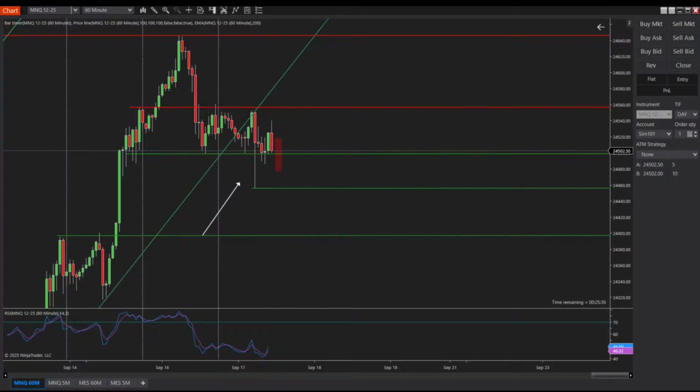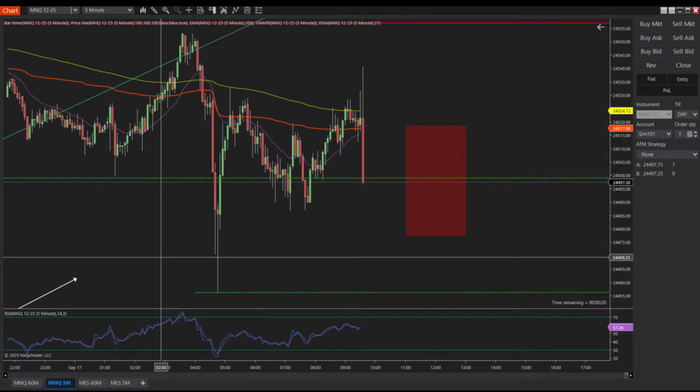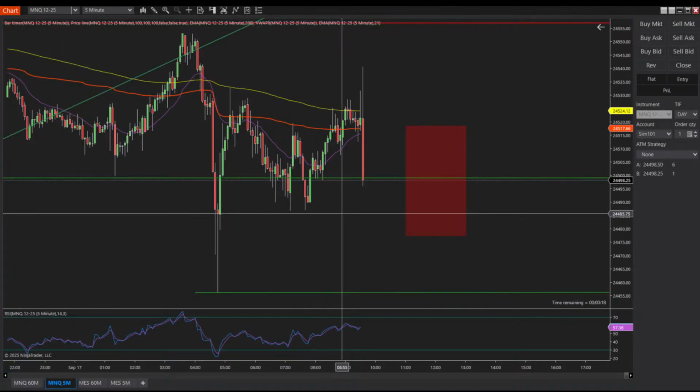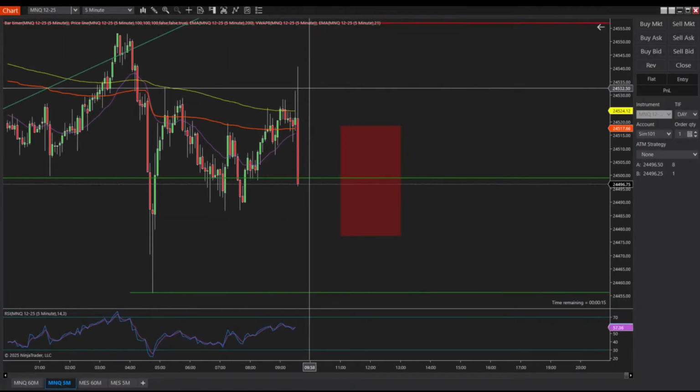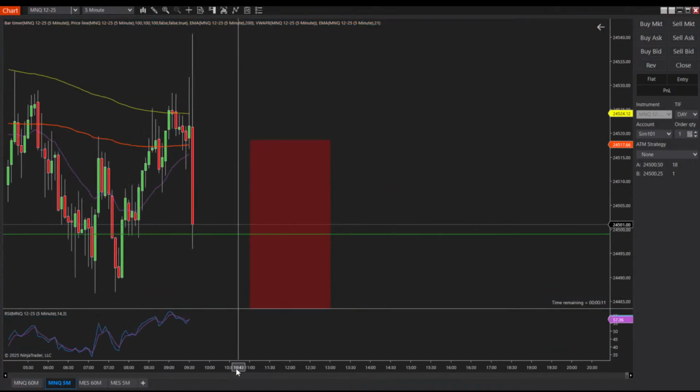So right now, this is looking like it wants to go down. So what I want to see now when I go to a lower time frame, and let's go down to the 5, and I see that there's a lot of selling here, very strong selling.